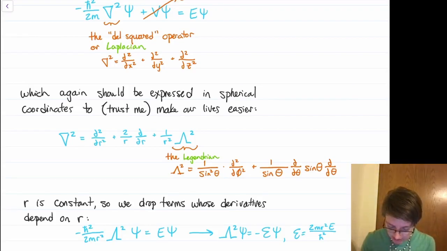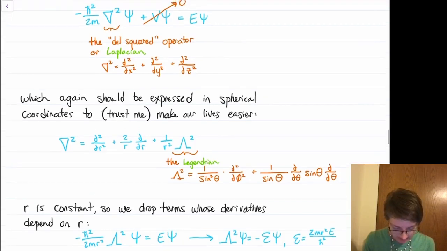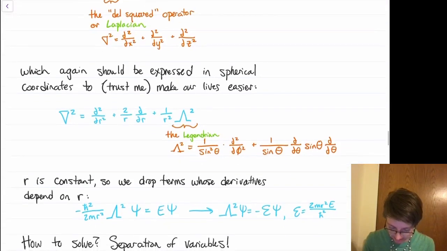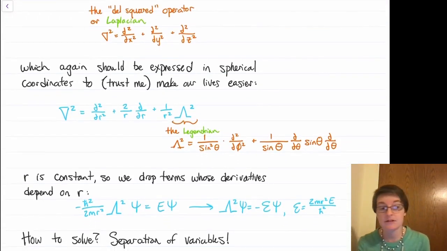All right, just as before, r in our problem is constant because we've restricted the motion of the particle on a sphere to be on a spherical shell. So we're going to drop all of the terms whose derivatives depend on r. And that leaves us with a time-independent Schrodinger equation that's some constants times the Legendrian operator times psi equal to E psi.